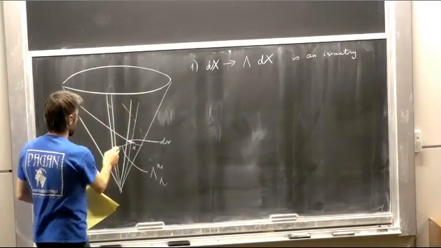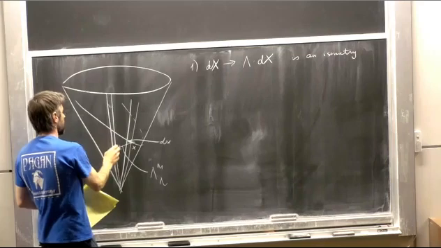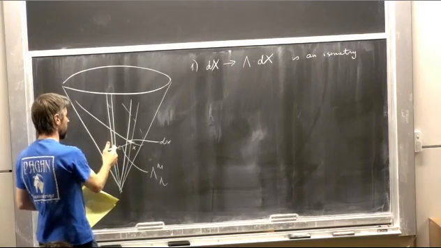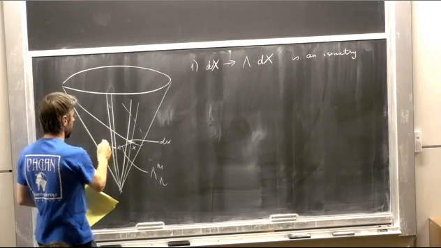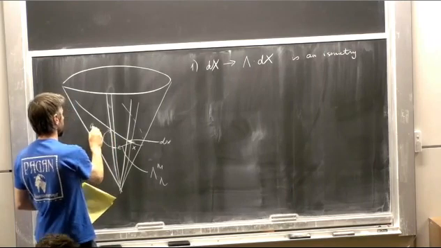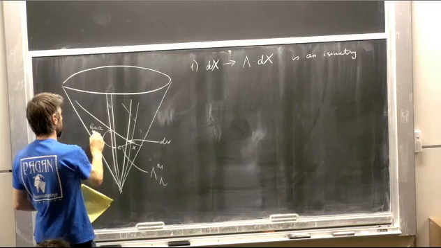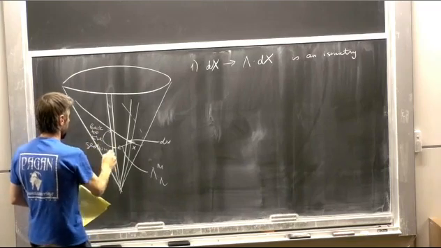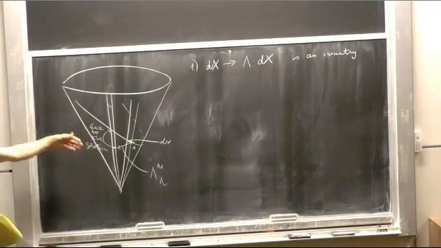Now I have to do the second step of my transformation. I have to rescale. So what I have to do is I have to go from here back to the section. But this amounts to some rescaling.